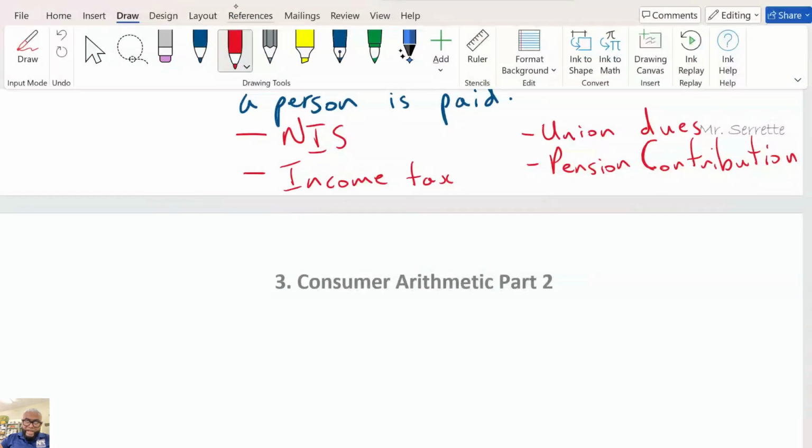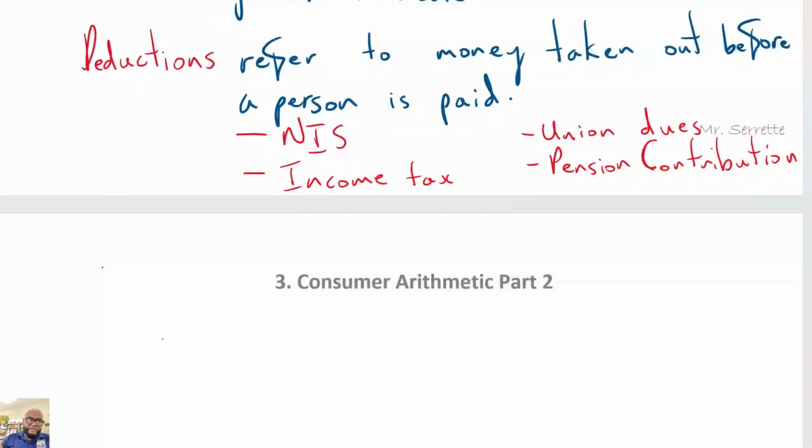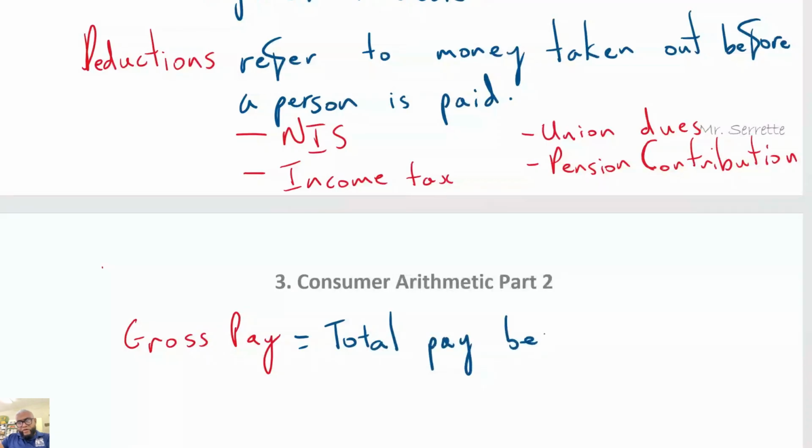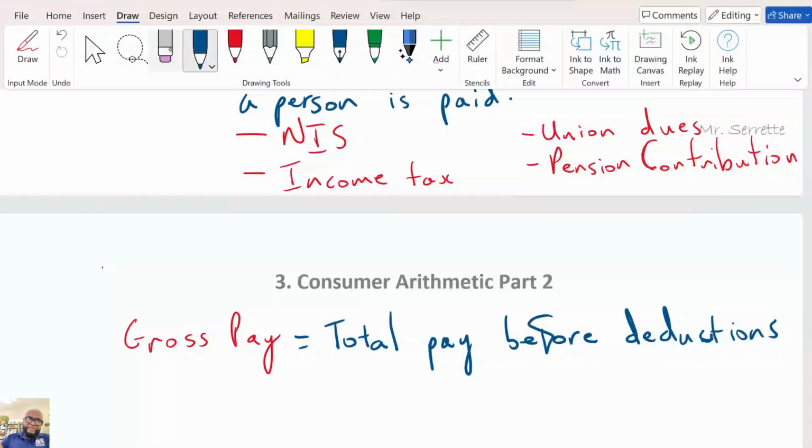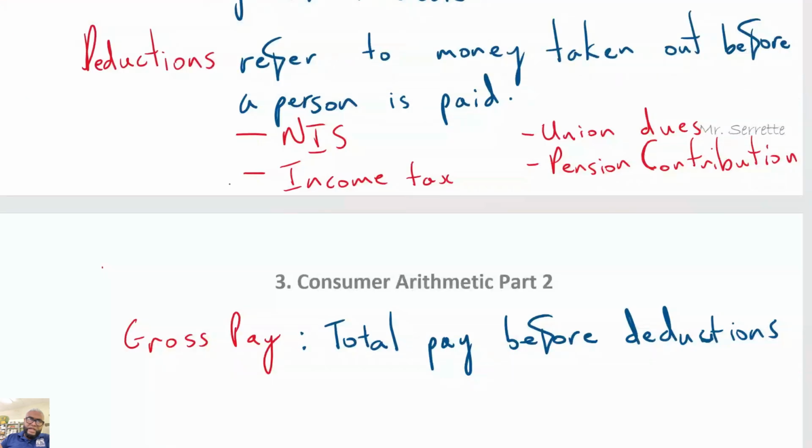So what you have is gross pay. So gross pay would be your total pay before deductions. Right? Meaning that is your pay before any of your taxes come out. And then we have net pay.